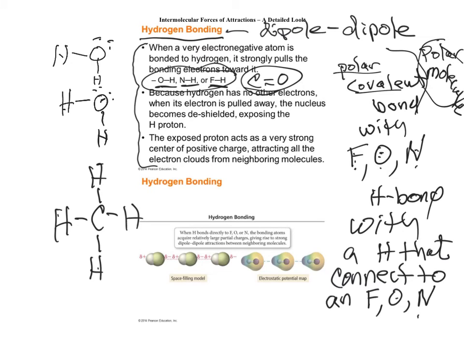Okay, so now there's hydrogen bonding. We call it hydrogen bonding, not because it's an actual bond. It's still an intermolecular force of attraction. It's a very strong dipole-dipole interaction.